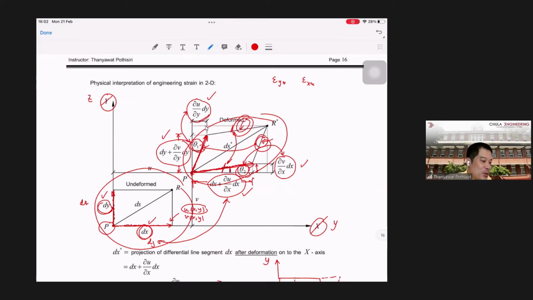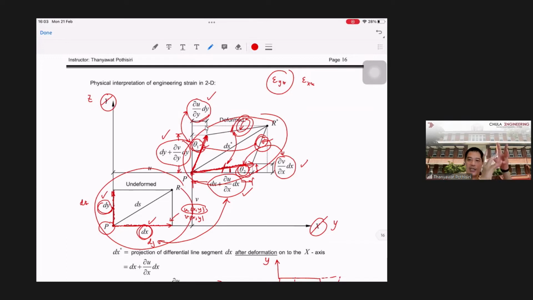And it would give you this epsilon yz. So meaning that if you look in the YZ plane, the change of angle in the YZ plane would also give you the sense of a shear strain in the Y and Z direction, or the YZ component. The same for the XZ plane. So if you want to look at epsilon xz, you can just change this to X and Z.